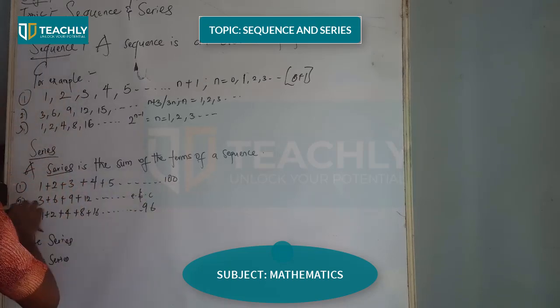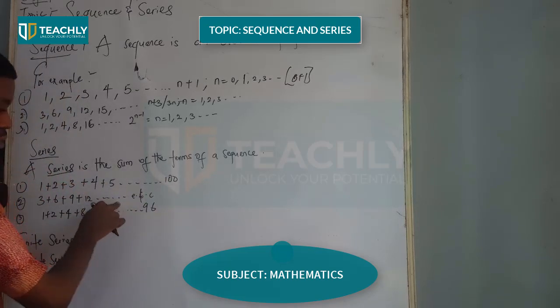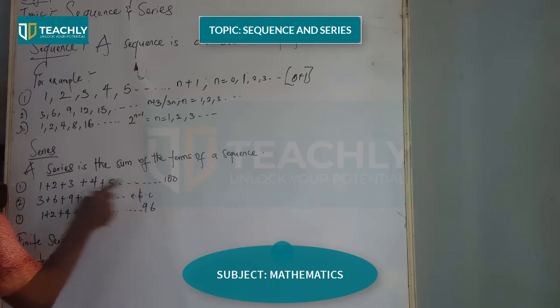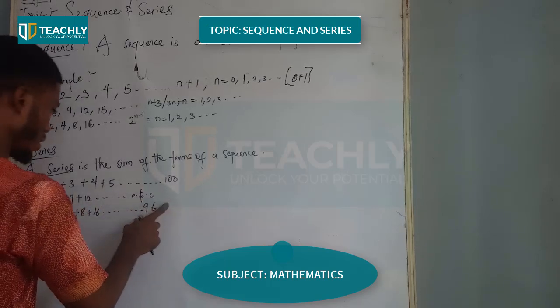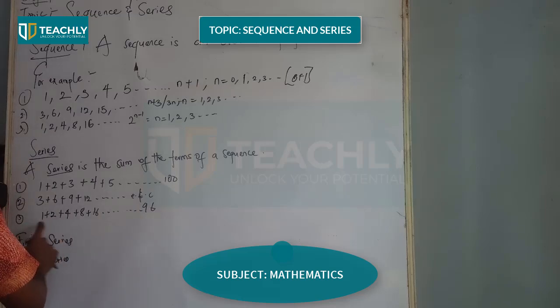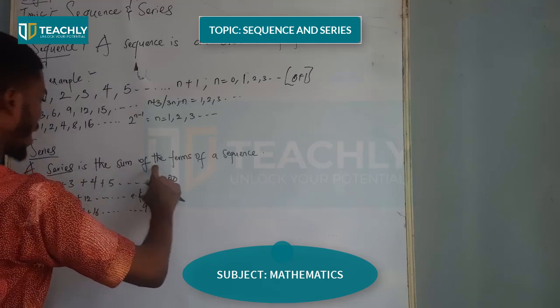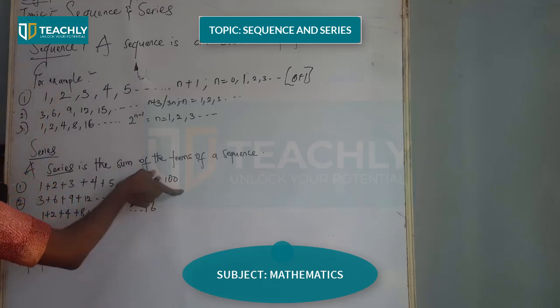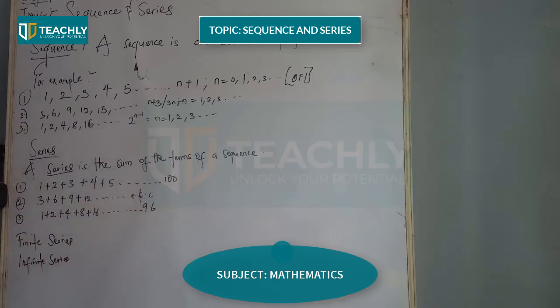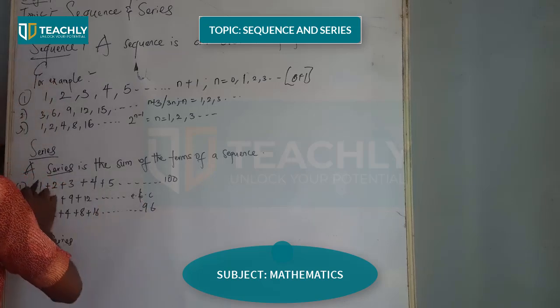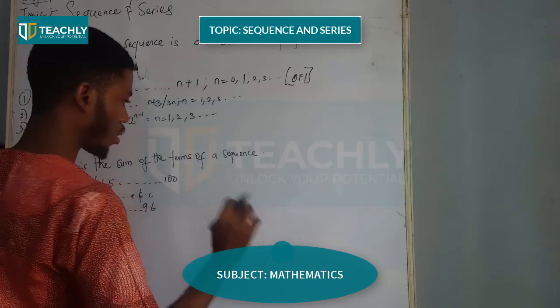But this one has no end; there's no number at the end of this, while number 3 has a number at the end. So a finite series is a series that has a number at the end, that is defined. But that of infinite is not defined, so it is continuous.